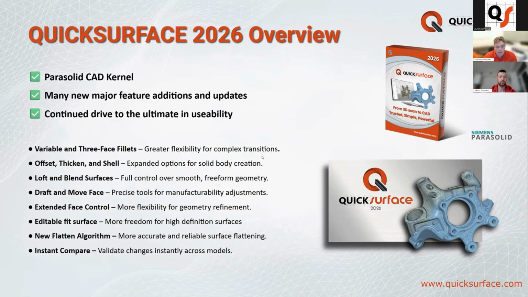We paid a lot of attention to flexibility in filleting, offset thickening, shelling, lofting, moving faces, and so on. At the end, you have all this power in your hands. So this is really what we did for the last year.